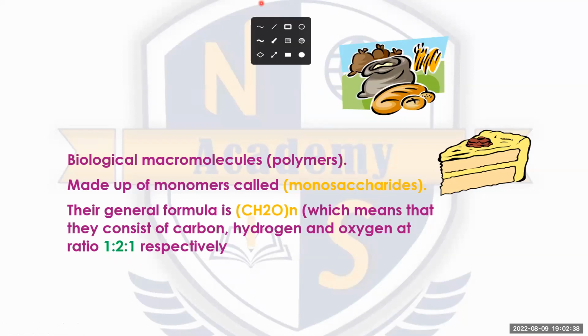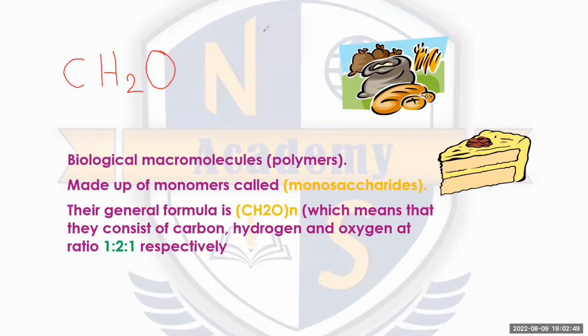CH2O: one carbon atom, two hydrogen atoms, and one oxygen atom. So to be a monosaccharide, the ratio between carbon, hydrogen, and oxygen must be 1 to 2 to 1.